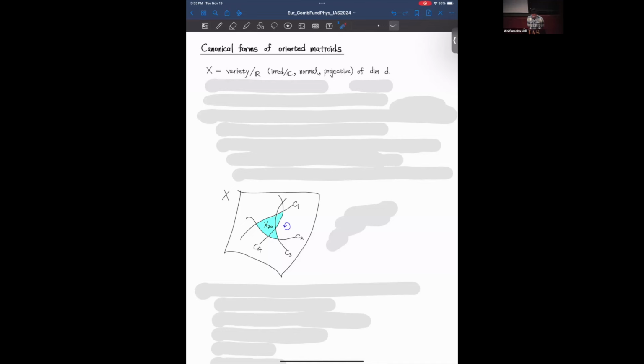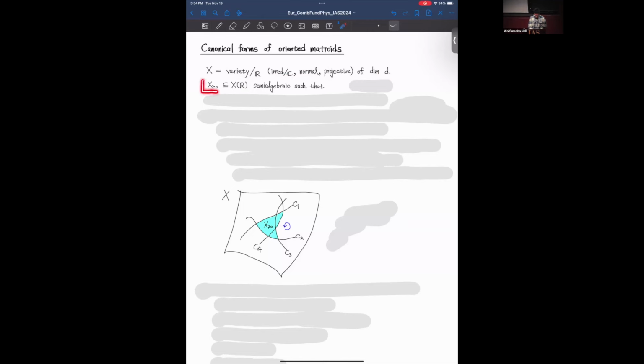So I begin with a variety, let's call it X, defined over R, and let's assume it's geometrically irreducible, reduced. I say normal, but most of the time it'll be smooth and projective of dimension D. And inside this real variety, in the real points, I have a semi-algebraic subset.